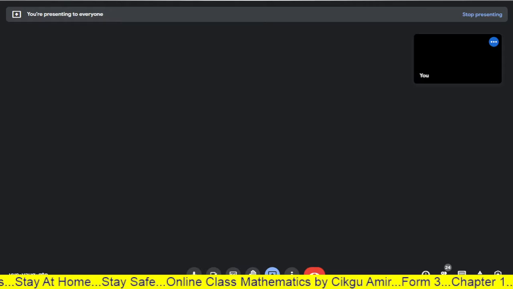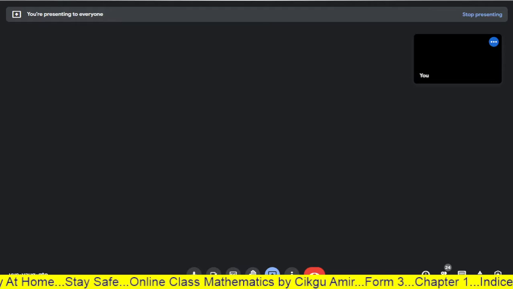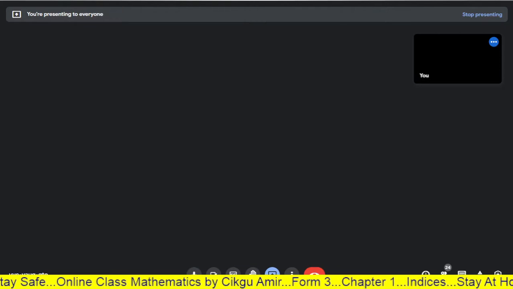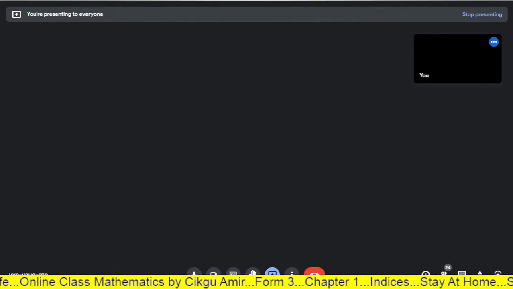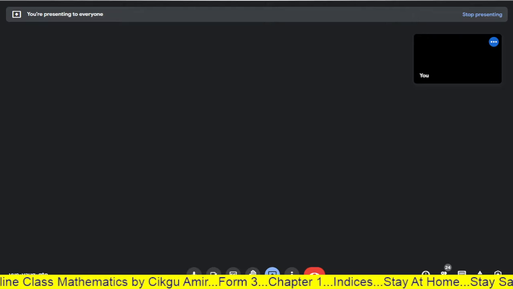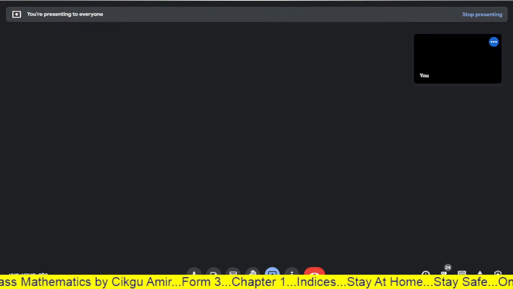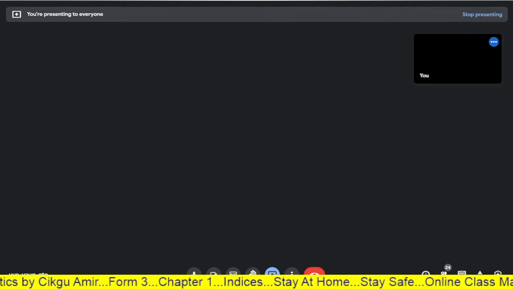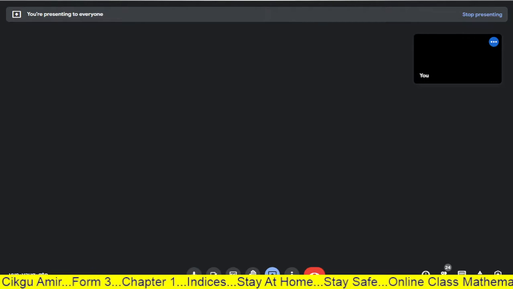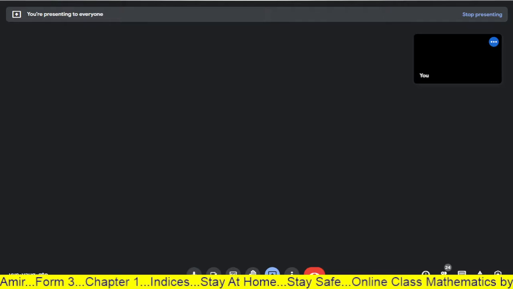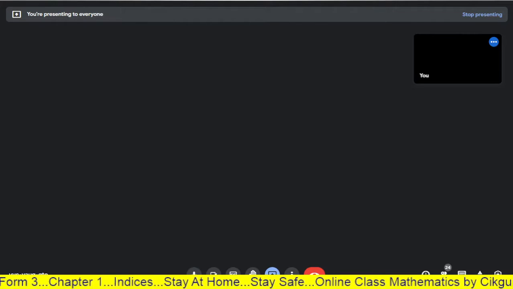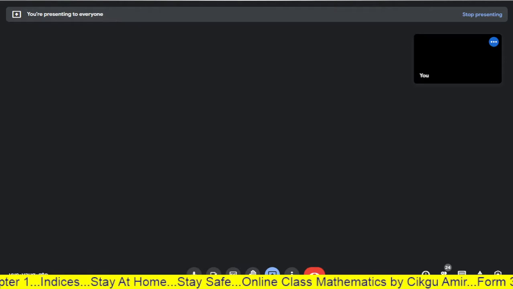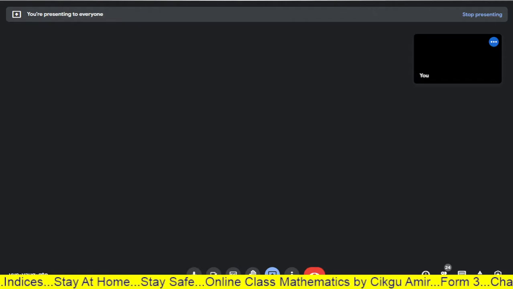So here you have 2, 2, 2, 2, 2, base of 2. Here, 5, 5, 5, 5, 5. This is base 2 over 5. So how to find the index? Count number 2: 1, 2, 3, 4, 5.